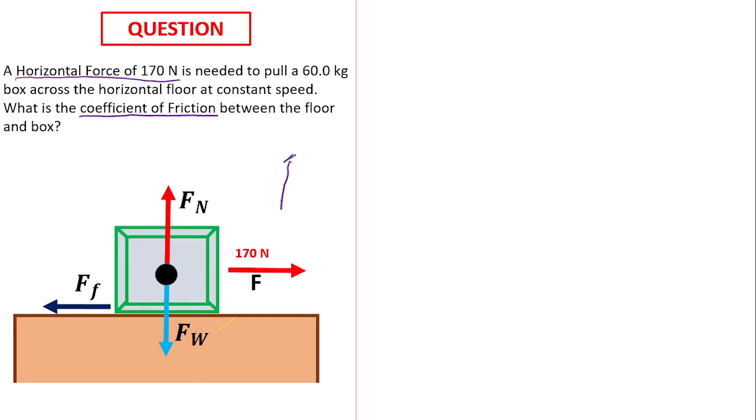You say that one as your Fn, and then you have this one here which is the F, which is 170 Newton, and then you have a downward force which is Fw, and then you have the other force which is the force due to friction.